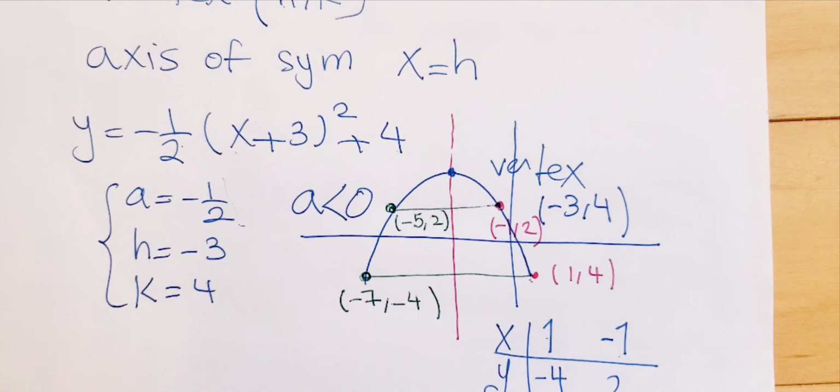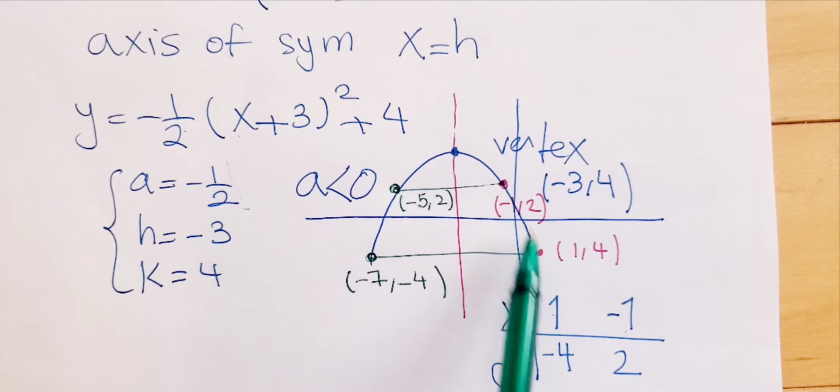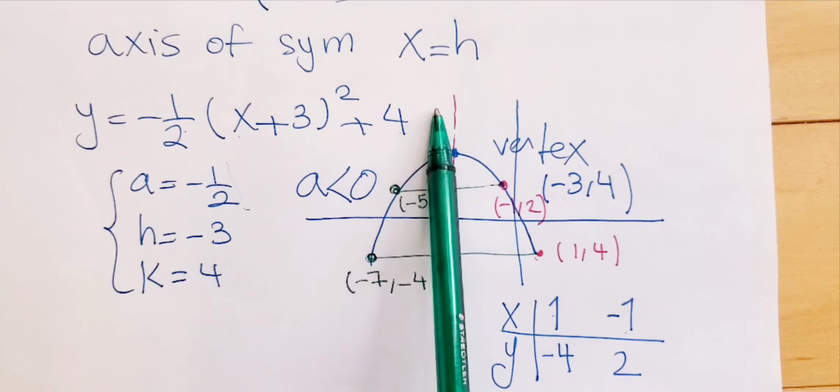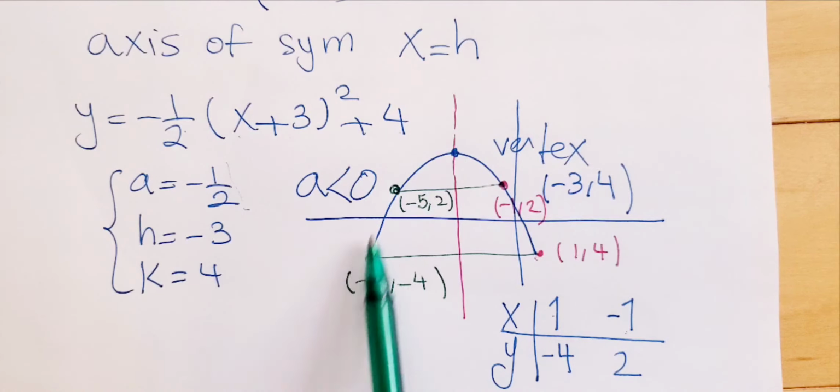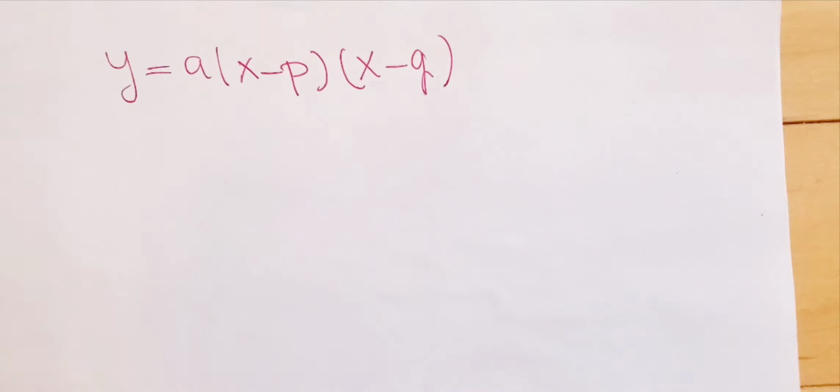You take a look at the A value. Is it positive, negative? Does it open up or open down? And then you find a couple of points on one side of your graph, and then using the line of symmetry, you can graph the other side of your graph.